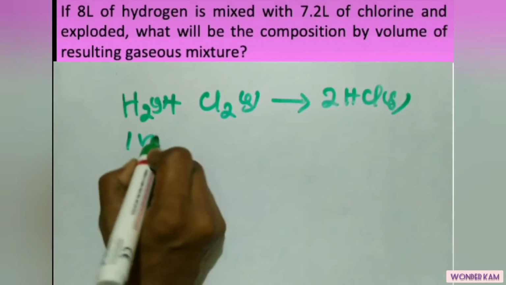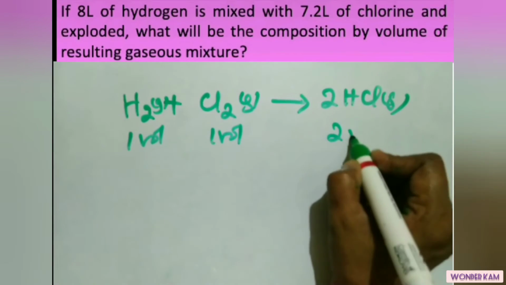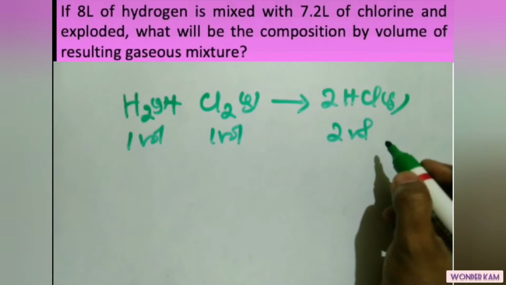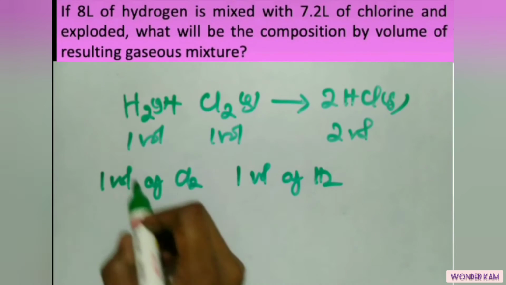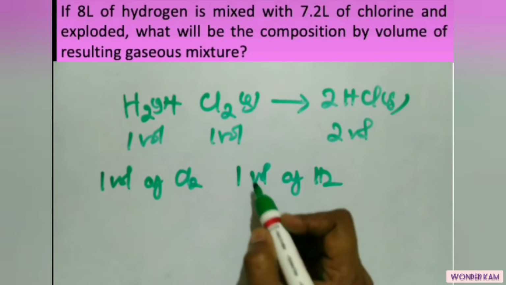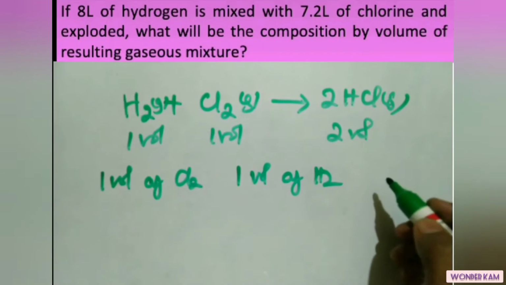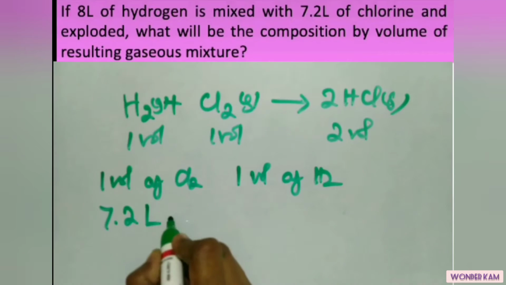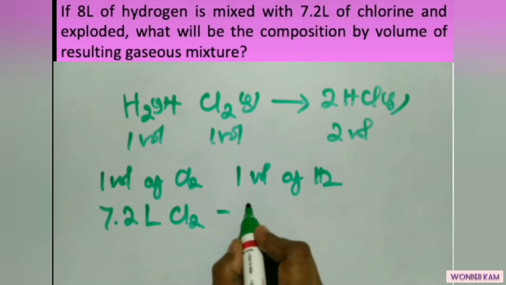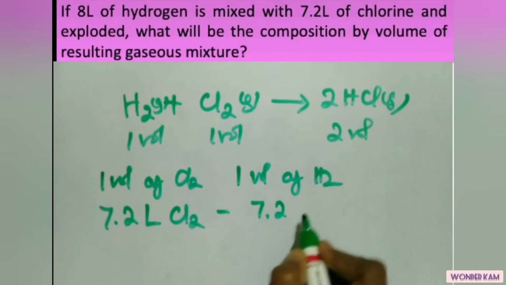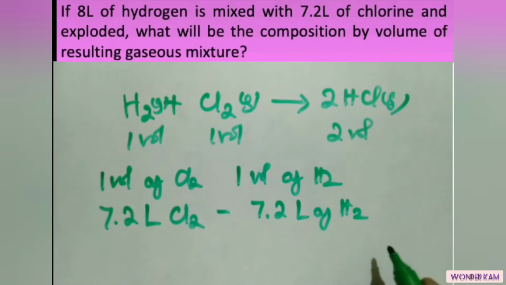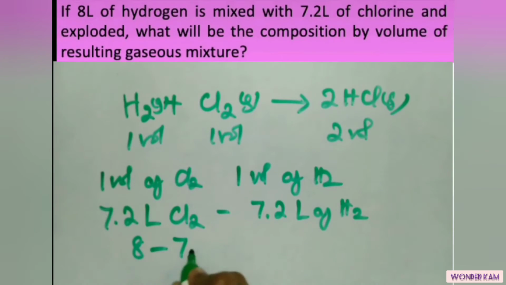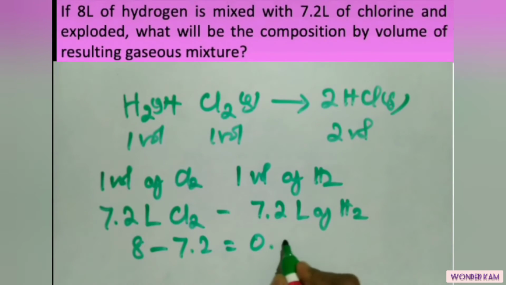So 1 volume of chlorine reacts with 1 volume of hydrogen to give 2 volumes of hydrogen chloride. So for 7.2 liters of chlorine, we will need 7.2 liters of hydrogen. But here 8 liters are there, so we subtract and get 0.8 liters of hydrogen.